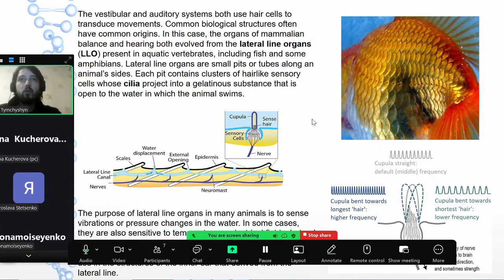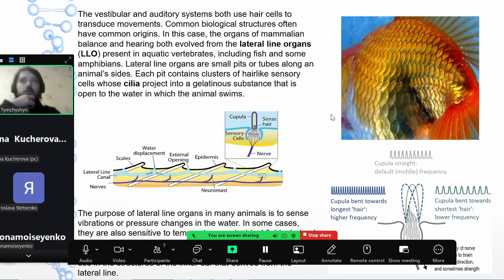Here is a small point regarding evolution. So here you see a goldfish. Yes, it looks pretty strange, but that's a goldfish. And here you see the lateral line.